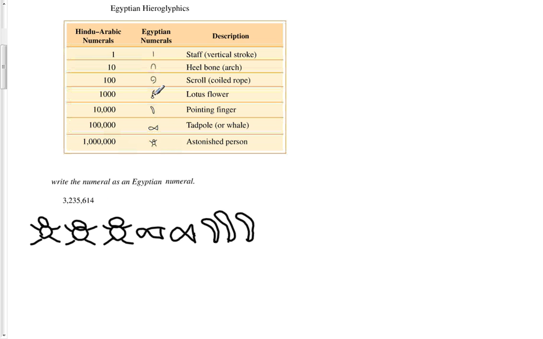So 5,000 would be 5 lotus flowers. So let's see. One, two, three, four, five. And the lotus flower.